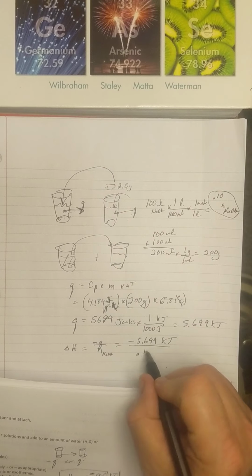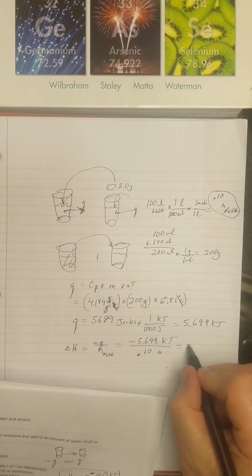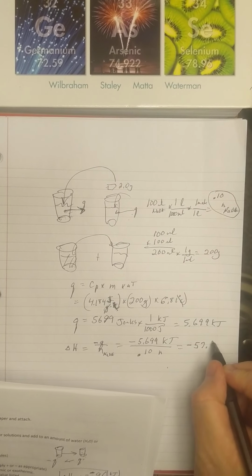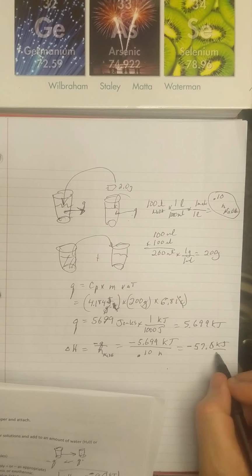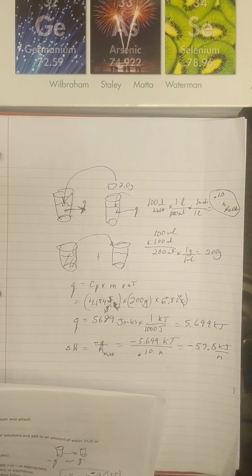So I'm going to divide this number by 0.10 moles, and rounding it off, I'll say 57.0 kJ per mole. Now, why didn't that come out?